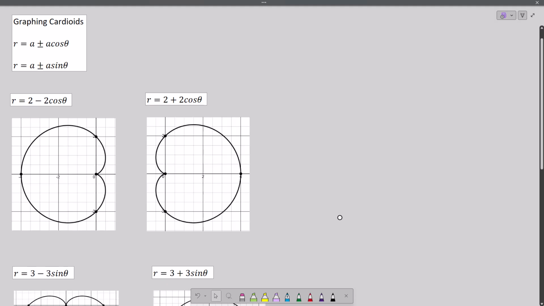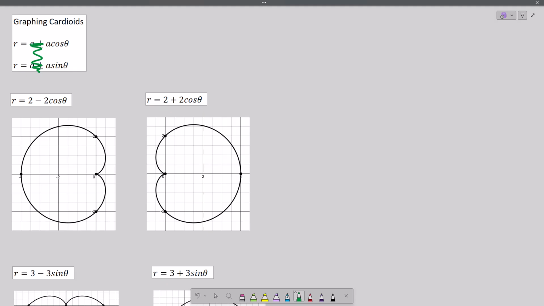Notice the one difference from what we just looked at. Let's wipe these things out for a second. If we had r equals a cosine theta, we just saw that that's a circle tangent to one of the axes at the origin. Similarly, a sine theta, circle tangent to an axis at the origin.